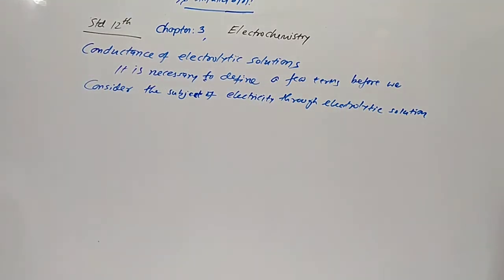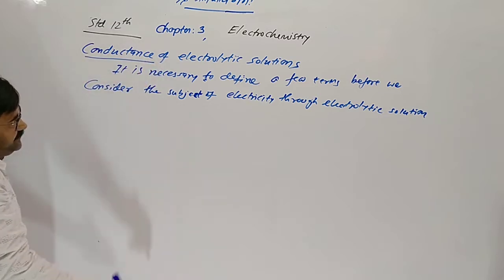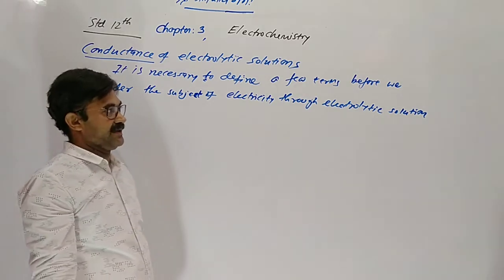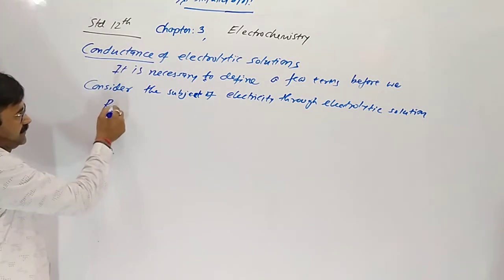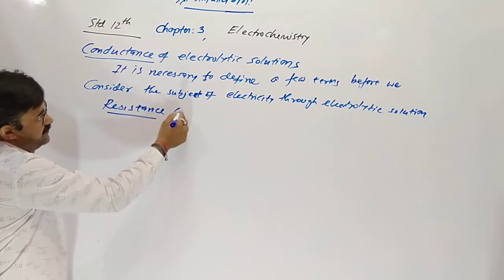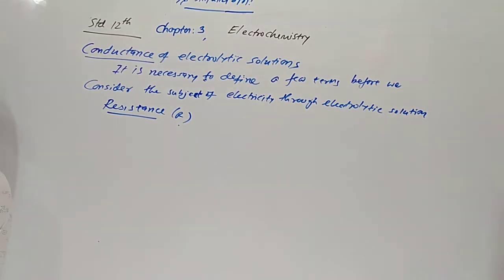Understood? Before discussing conductivity, there are a few terms we have to consider, and the first term is resistance, which is symbolized as capital R and measured in ohm.